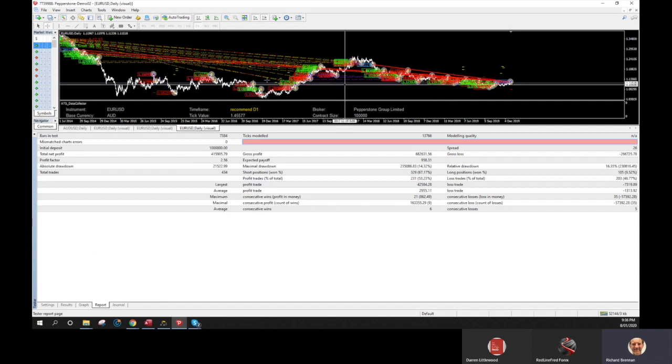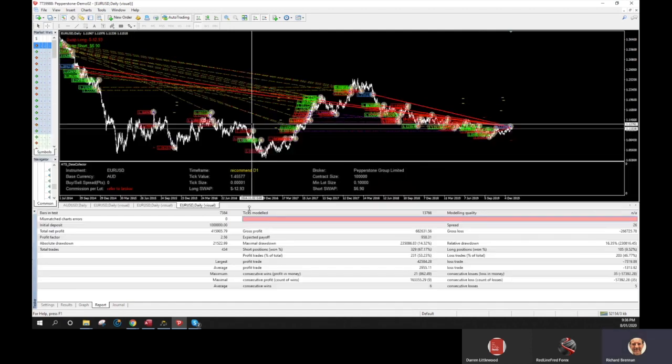And that's because when we look at Euro USD, and I'll just show you, Euro USD in this case has a short swap, a positive swap of $6.90 per lot. Now, this is the current swap rate, and we've got to remember that over the course of the backtest, this rate will vary. But in this case, we have a positive swap of $6.90, but on the long trades, we've got a negative swap of -12.